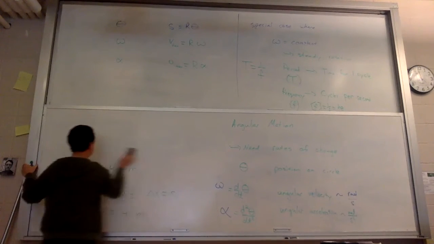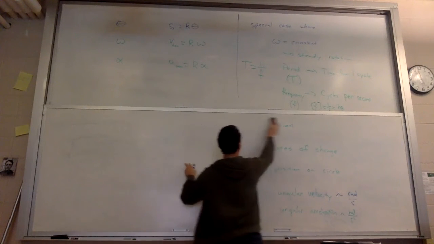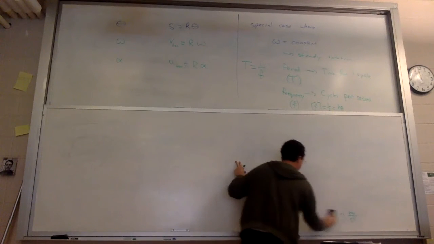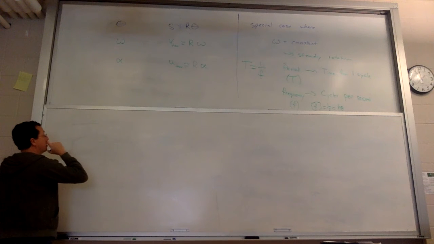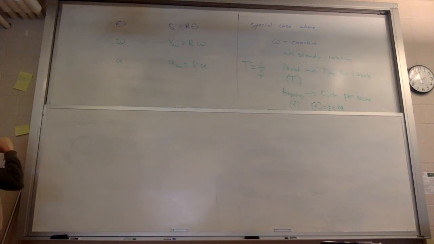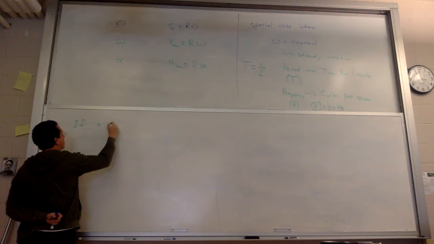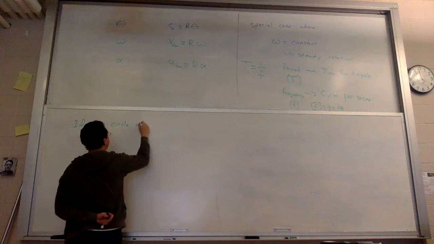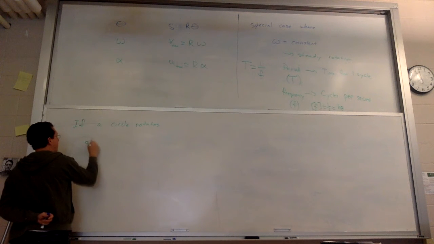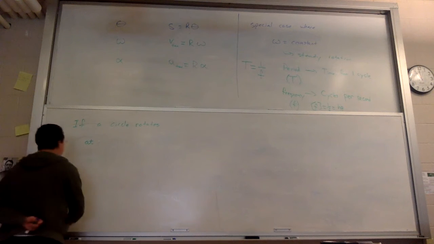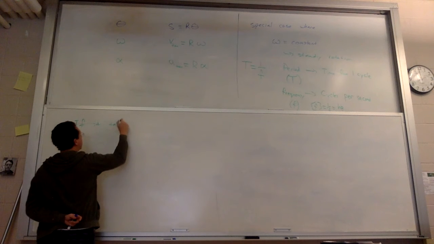Okay, so if a circle of radius 0.5 meters rotates, let's say it takes a circle 1 second to rotate.